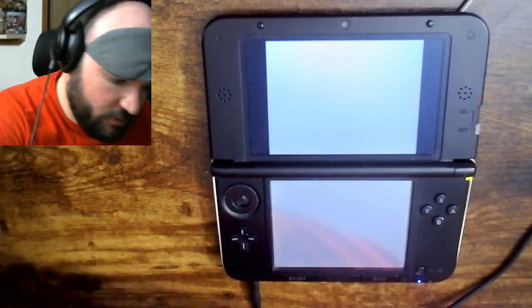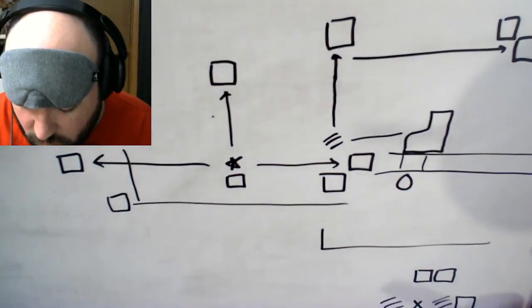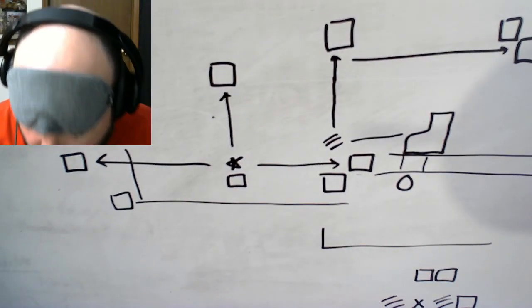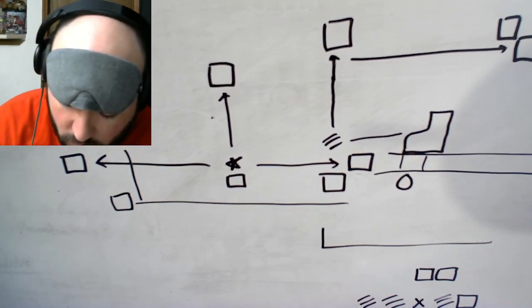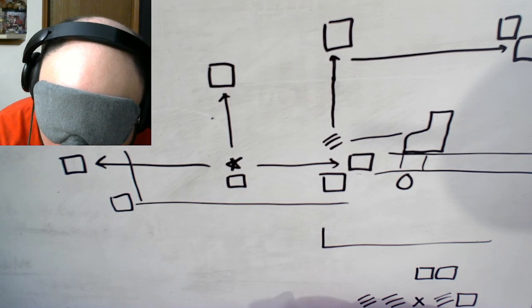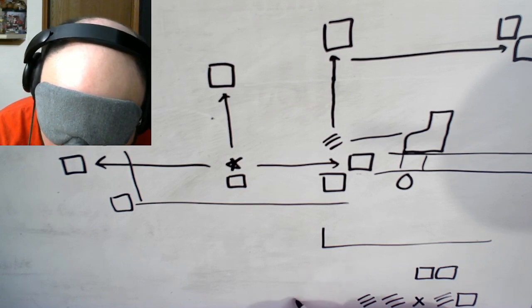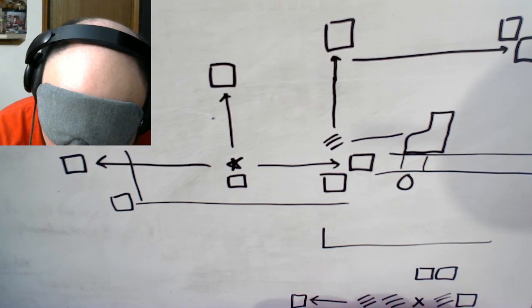Okay, so I confirmed there is dry space in front of the trainer, on top of the trainer, above the trainer. And there is a wall at some point over here.